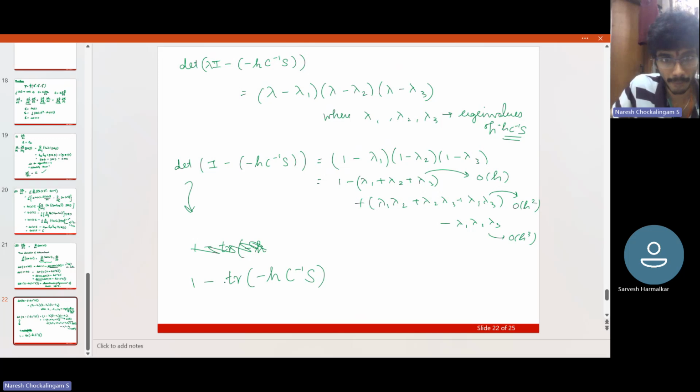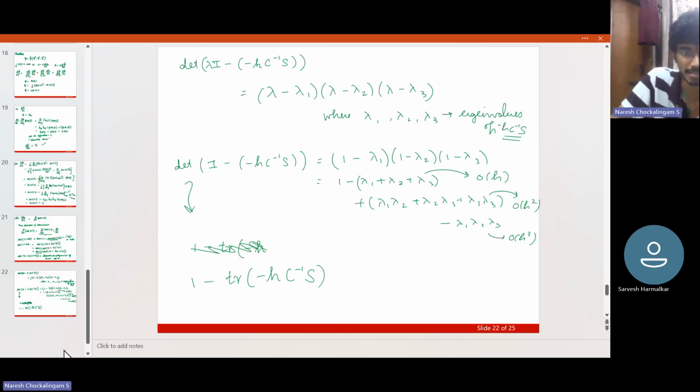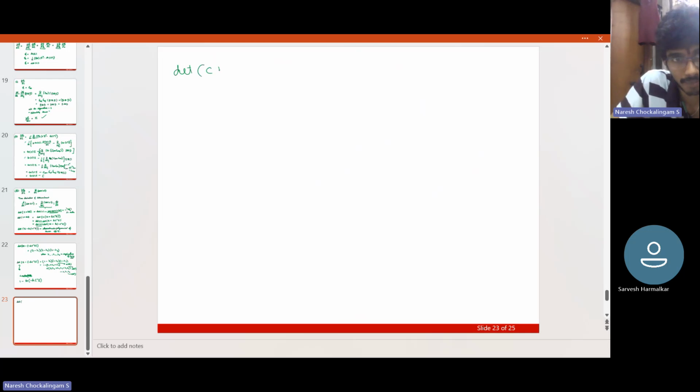Now we are getting determinant of C plus HS equal to determinant of C multiplying 1 minus trace of minus HC inverse S, plus higher order terms.